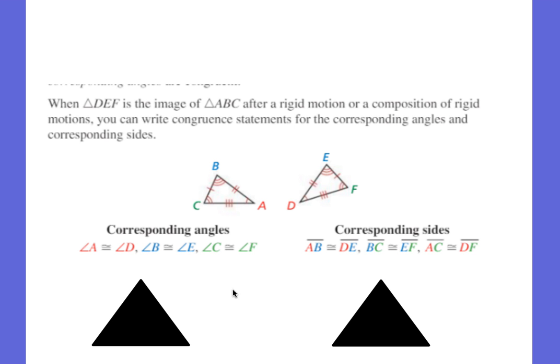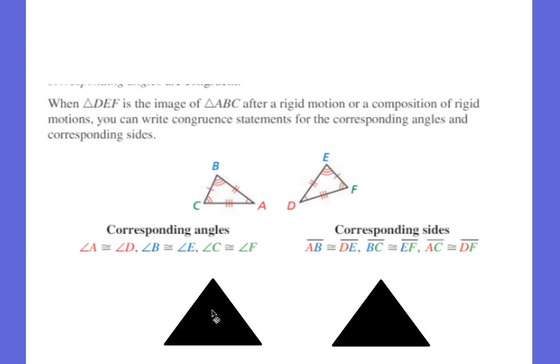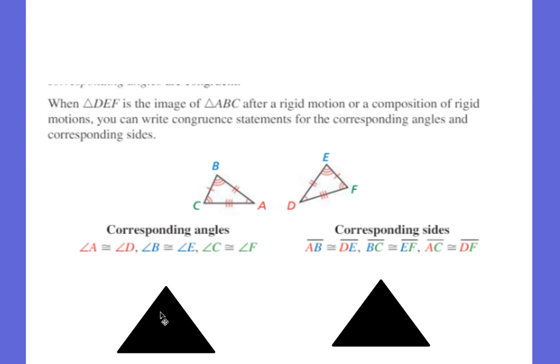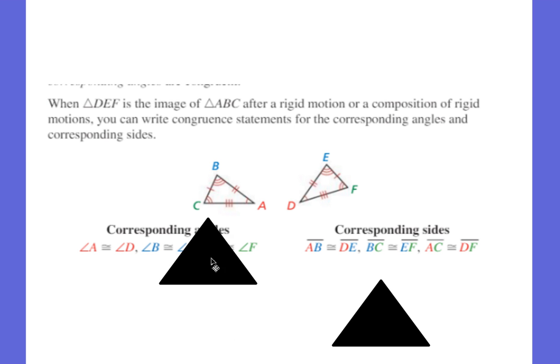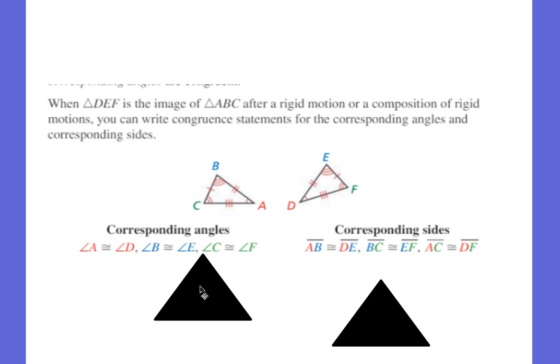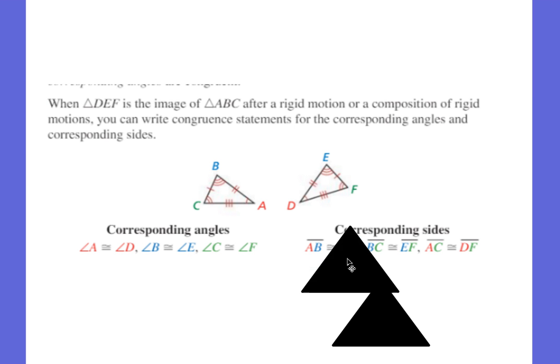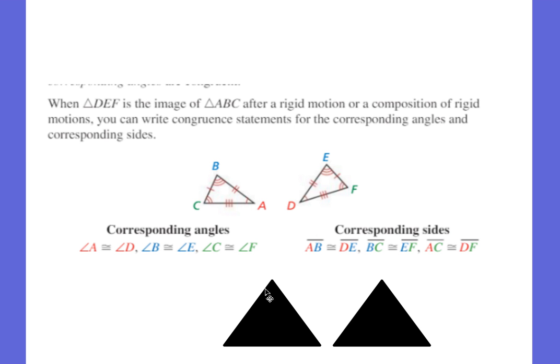As long as I can do some kind of slide, rotation, or flip for a reflection, as long as I can do one of those rigid motions or multiple rigid motions to fit this perfectly onto the other, clearly as I can here, that means that we have congruent figures, because all of the corresponding angles are congruent, and all of the corresponding sides are congruent as well. And that's exactly what you see in this diagram.